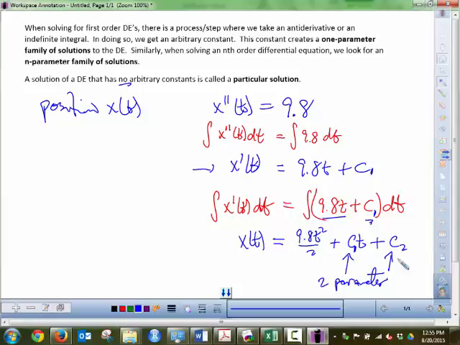Now, our next section, this is hard to introduce new material because in order to tackle more of this information, I have to jump to the next section. If I give information about the x prime and the x, I would be able to solve for C1 and C2.